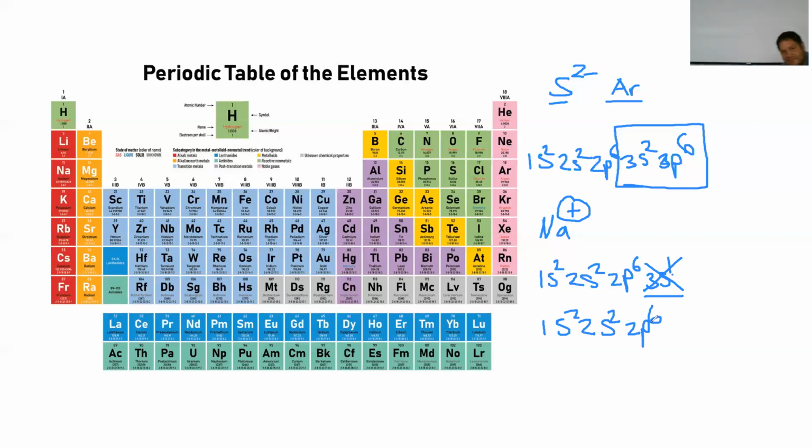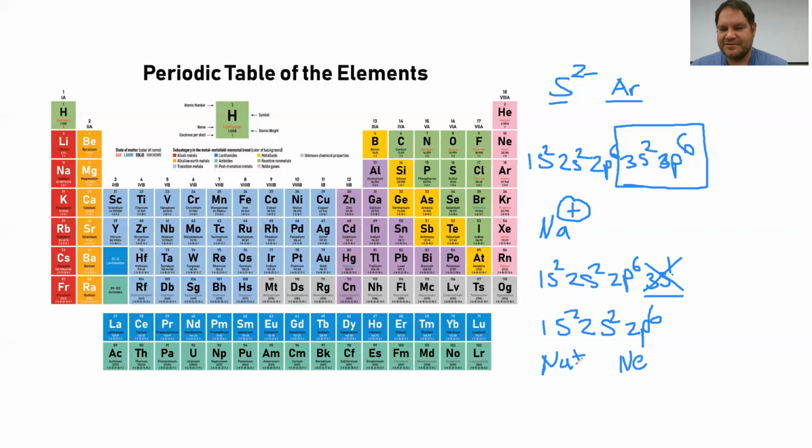Sodium ion, okay? All right. So the sodium ion, Na plus, has the same electron configuration as neon, okay?